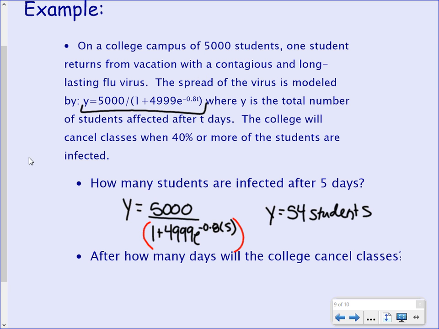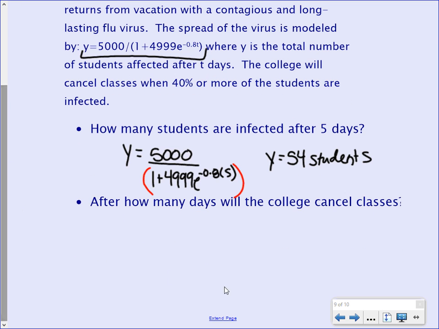So you can attempt to type that in and see if you can get the correct answer there. We do want to take a look really quickly at after how many days the college will cancel class. So what do you know about when the college cancels the class? When 40% of the student population is infected, right? So we need to know what is 40% of the students.